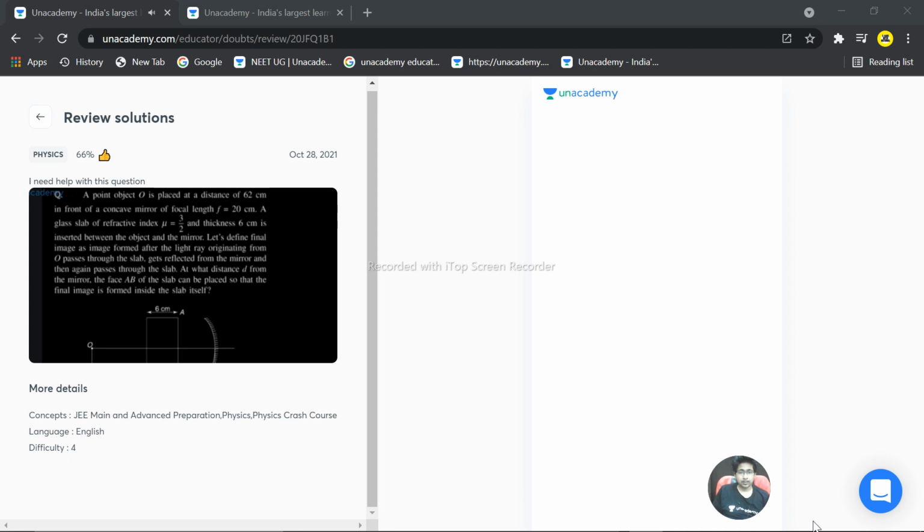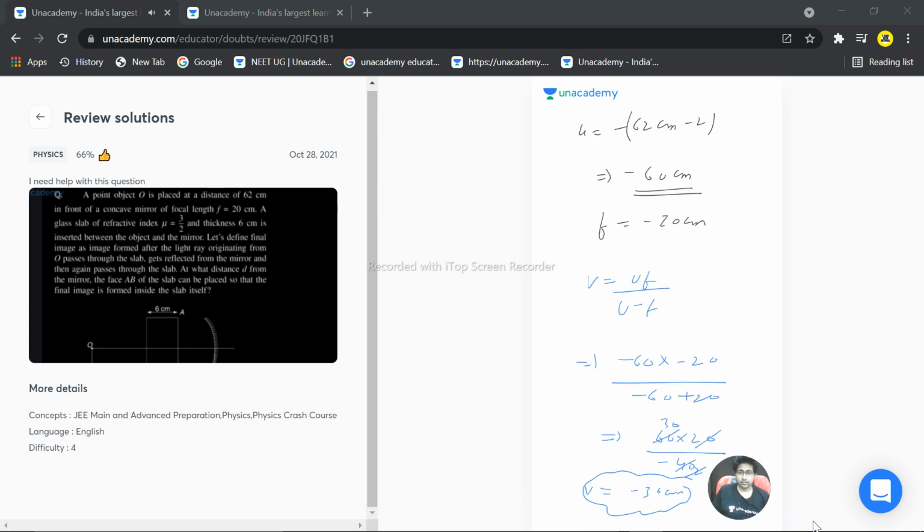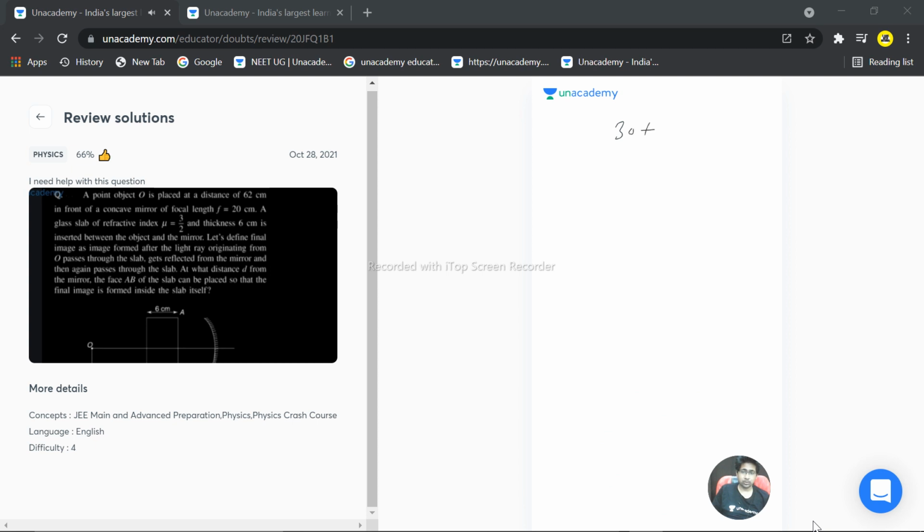Now let's proceed further. After refraction from the slab, the actual distance is 32 centimeter, because this is 30 and we add 2 because of the shift, that becomes 32 centimeter.